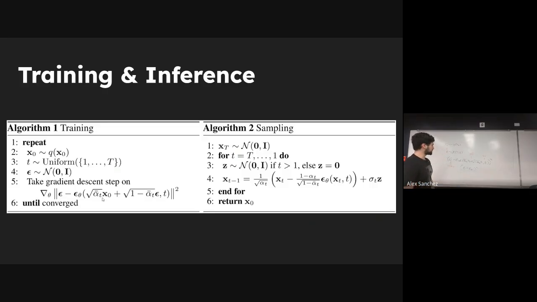It's very convenient because MSE is an easy loss function to optimize. But that is our training for the model. We take a gradient step on that, and then we restart. We pick a random image at a random time point with random noise.